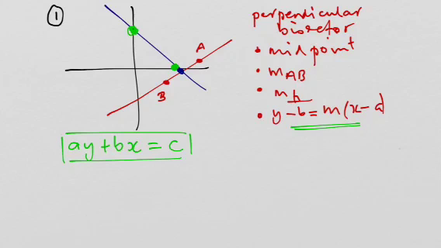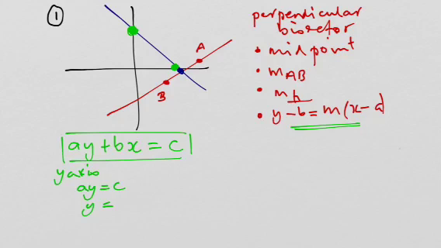Now, to work out where a line crosses the y-axis, we put x equals 0. So basically the bx part disappears. So to cross the y-axis, you're just going to end up with a times y equals c, so you can work out the y coordinate.